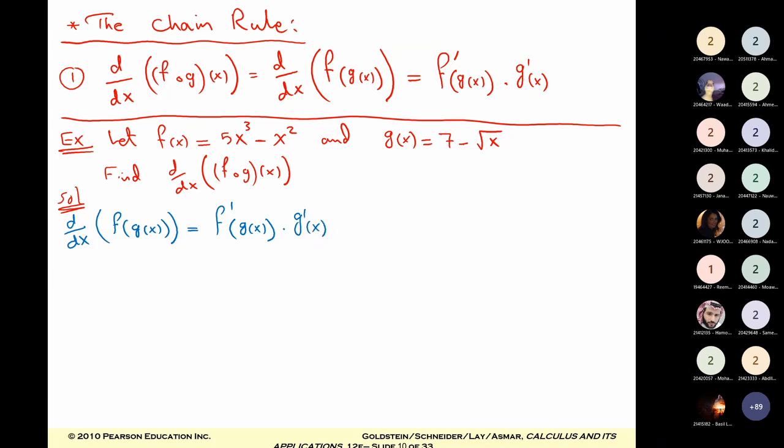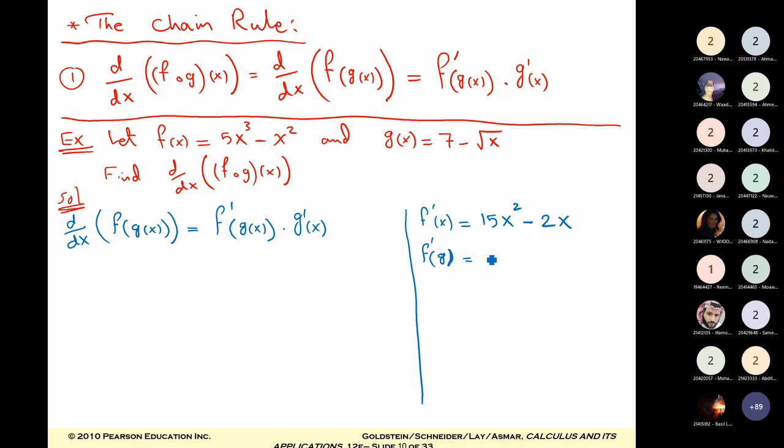Now, what's the value of f prime of x? F of x is already given in the example. The f prime equals 15x squared minus 2x. This is the f prime. Now, the second step, we need to find f prime, but for g of x.